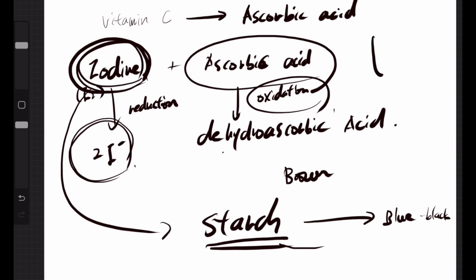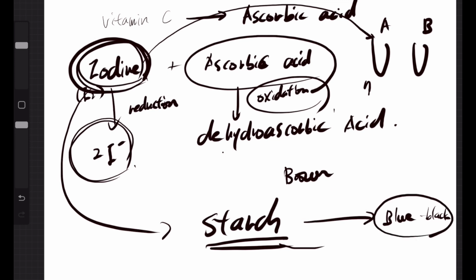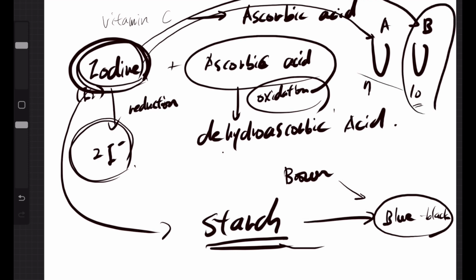Let's say there were two test tubes, A and B. If the iodine solution was put in A, and let's say the student dropped seven drops of iodine solution and it changed color to blue-black, and for B, he or she had to drop, let's say, 10 drops of iodine solution to see the color change from brown to blue-black. That means B has more ascorbic acid, vitamin C.